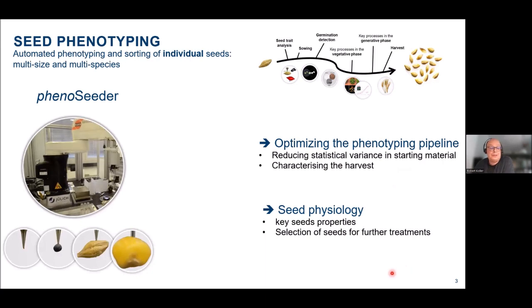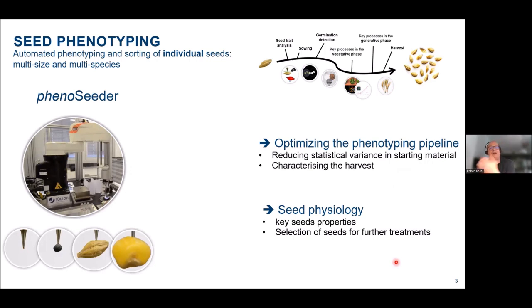We have different options here to scan and screen seeds, and our motivation for starting the seed phenotyping approaches was to reduce the statistical variance of our starting material, right?